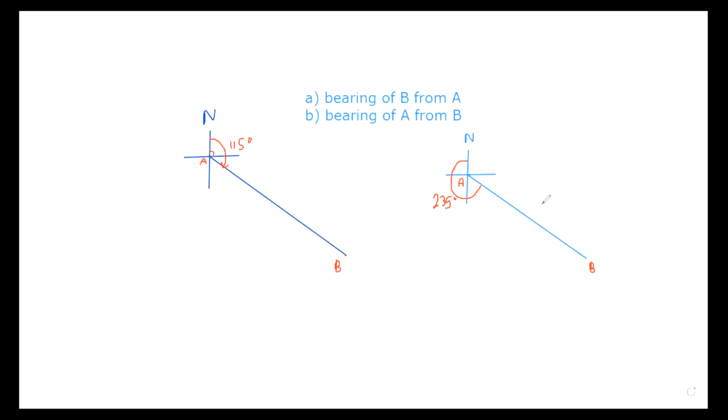What should I do to find the bearing of B from A? Can I use this as my bearing? Sir, will you minus 235 from 180? No, I would not minus 235 from 180. You mean minus 180 from 235?